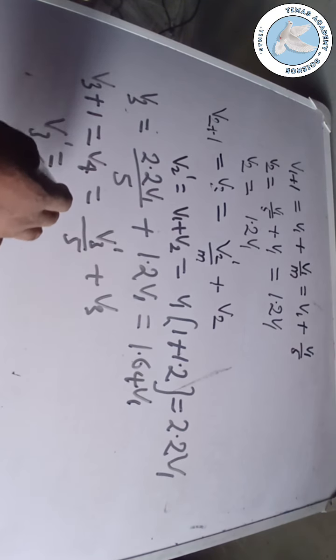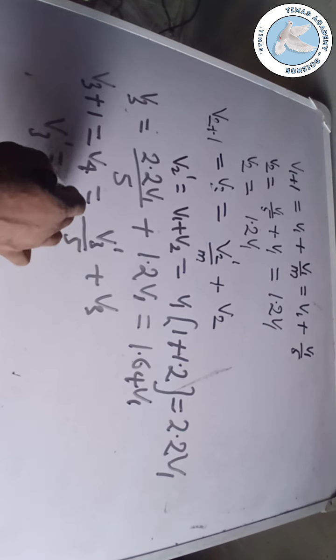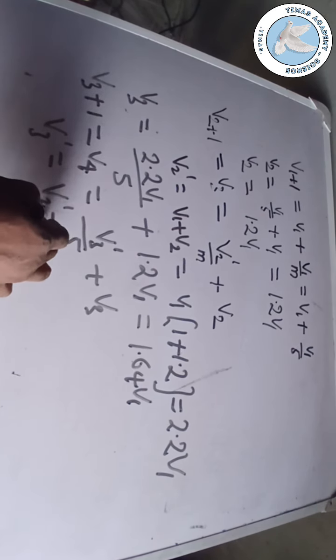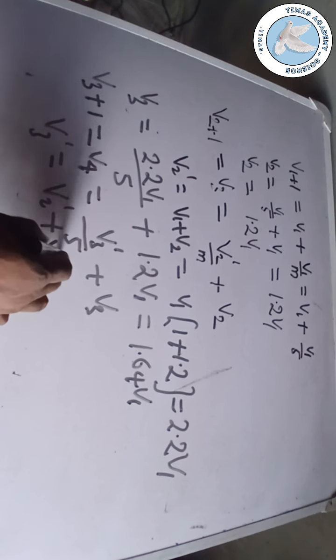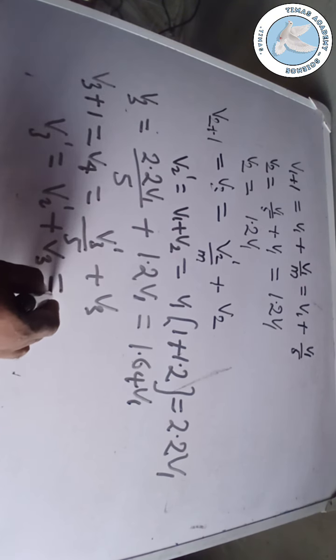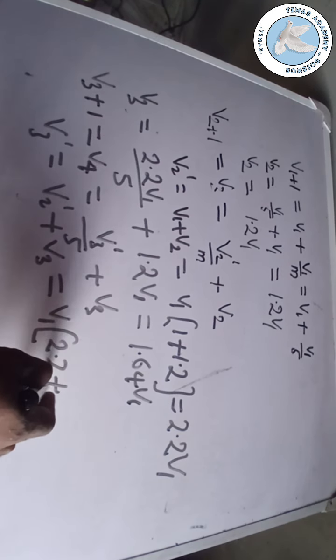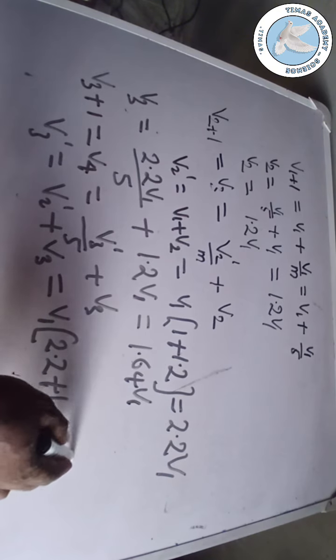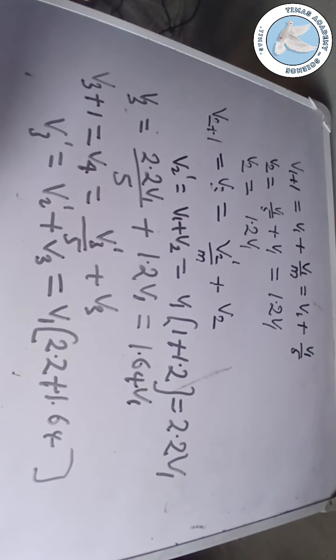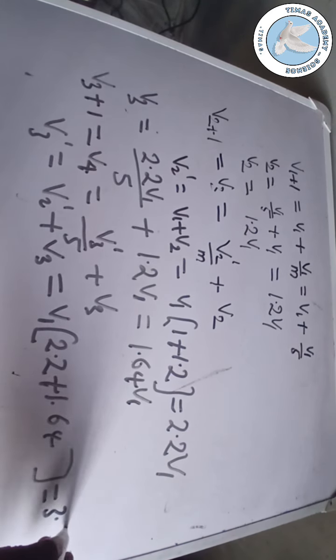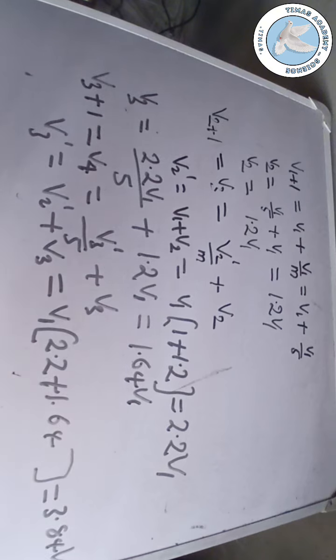V3 prime is actually V2 prime plus V3, and this gives us V1 into 2.2 plus 1.64. So this is giving us 3.84 V1.